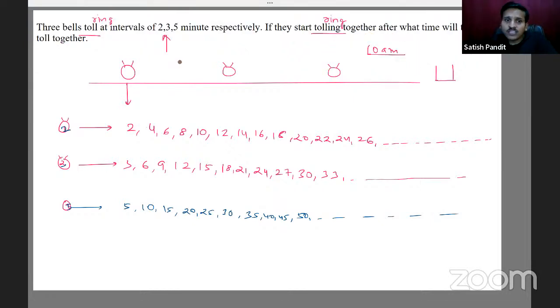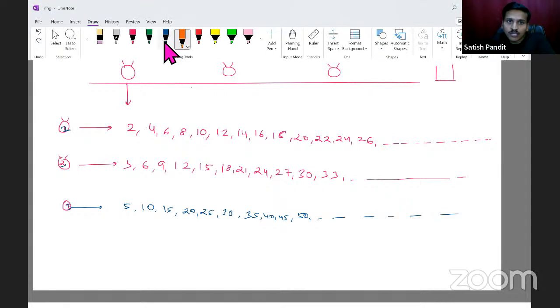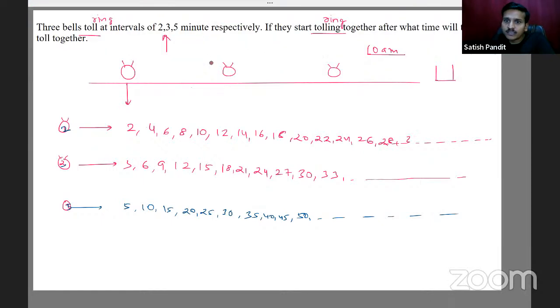If you look at the multiples, I have to keep writing a few more multiples: 26, 28, 30, 32, 34.